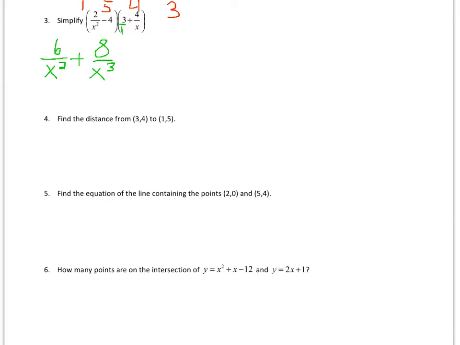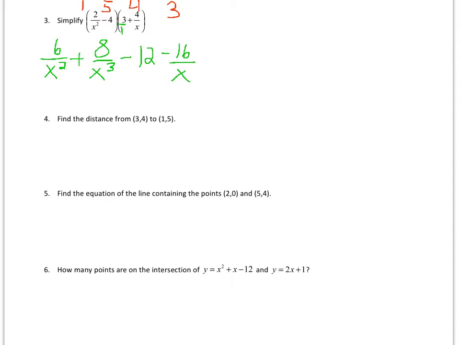And then -4 times 3, of course, is a -12. And then -4 times 4 over x would be -16 over x.